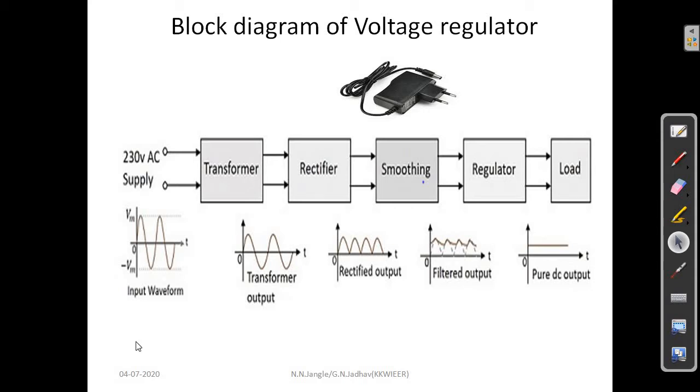The magnitude of the output DC voltage across this filter may vary with the variation of either the AC input voltage or the magnitude of the load current, and therefore at the output of the rectifier filter combination, a voltage regulator is required. As shown here, it is a voltage regulator to provide an almost constant DC voltage at the output of the regulator.